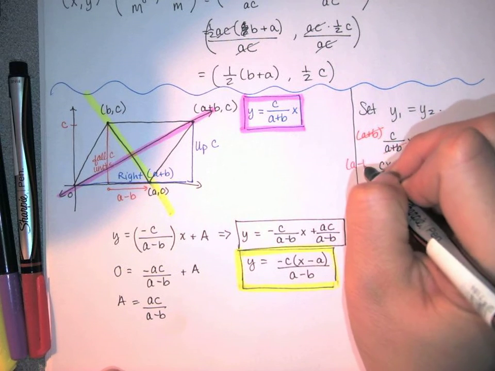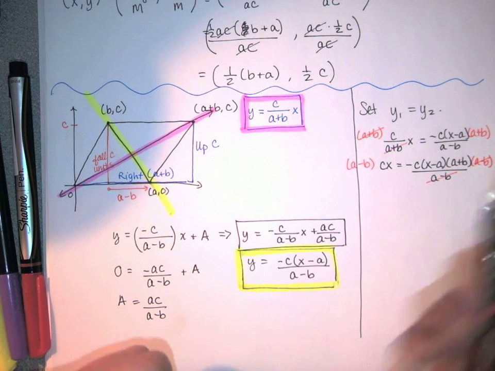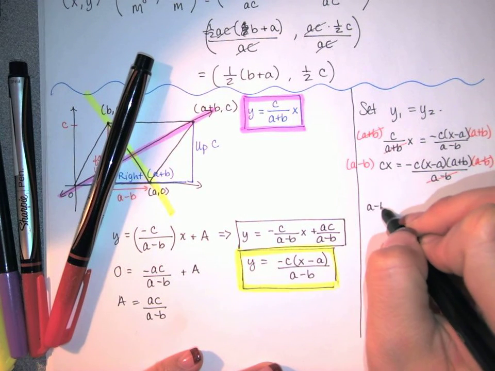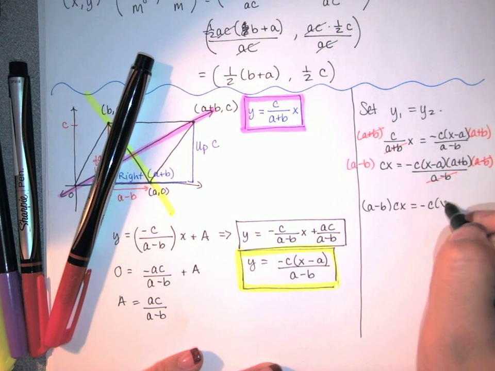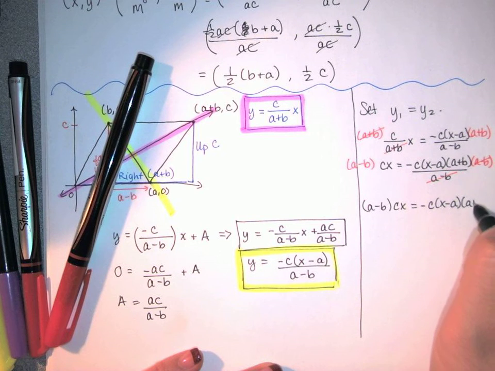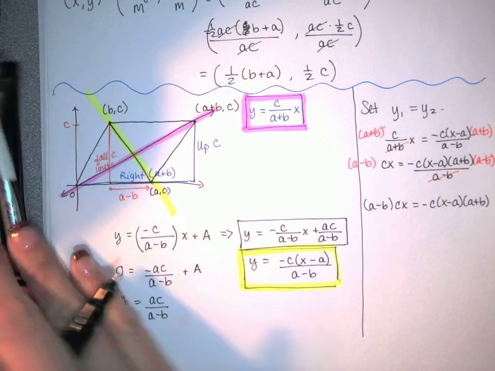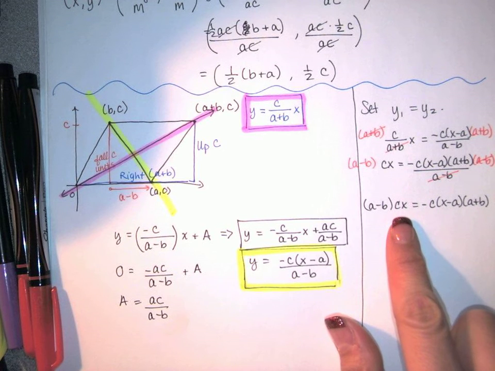I'm going to multiply both sides by a minus b this time. There we go. So I've got a minus b times cx equals negative c times x minus a times a plus b. It looks like a mess, but it's actually quite doable. These are just constants. My variable is x. I'm just trying to get x by itself.